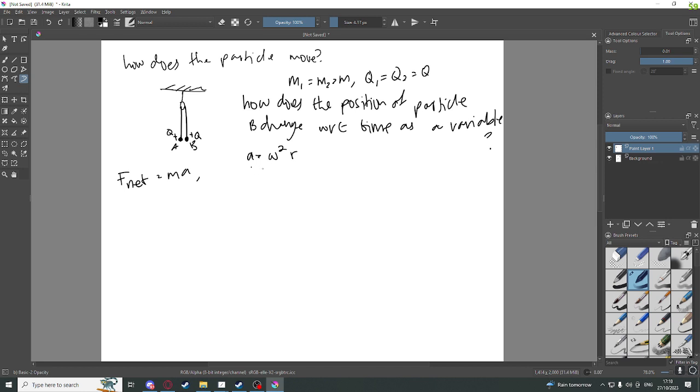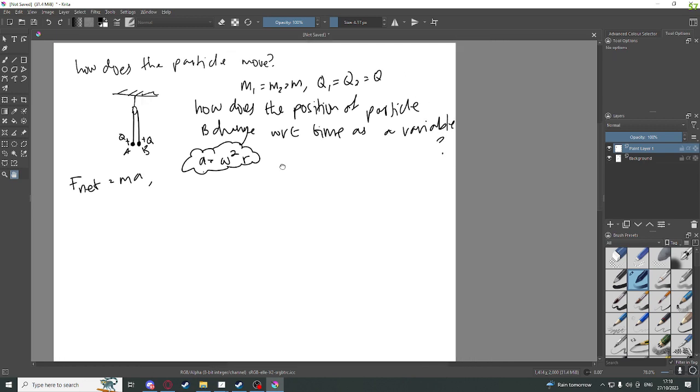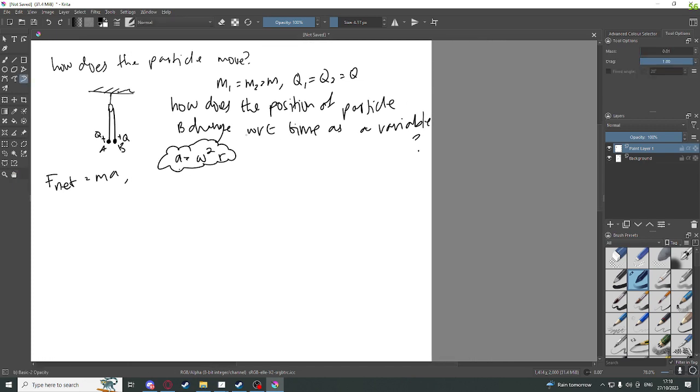I think here's what I'm not too sure about, but because this particle is moving tangentially and the radius is constant from a certain point, the center, I think we can use this equation. Correct me if I'm wrong, but I'm going to be using this equation in my thought experiment.